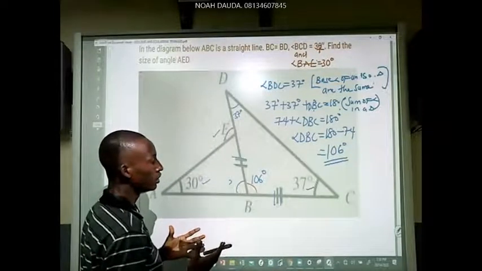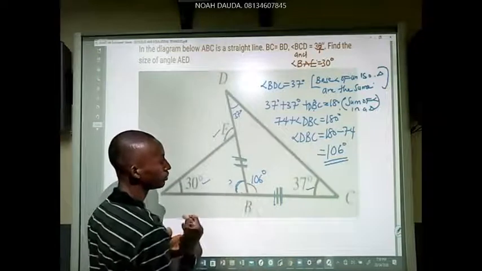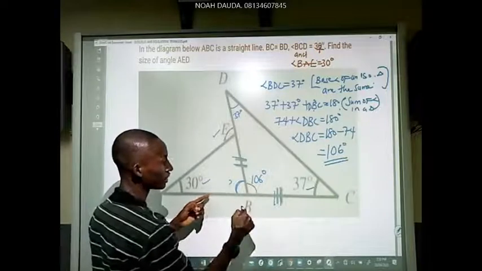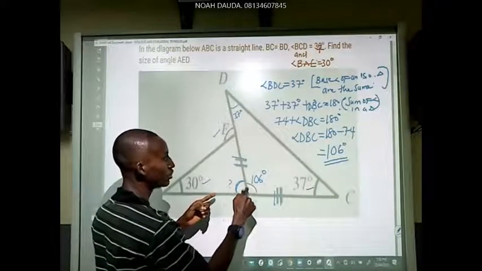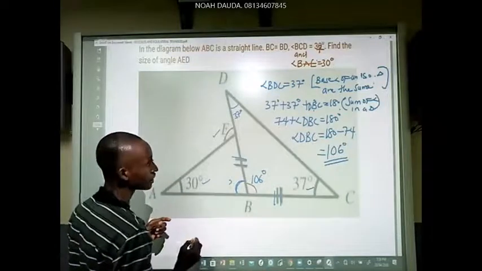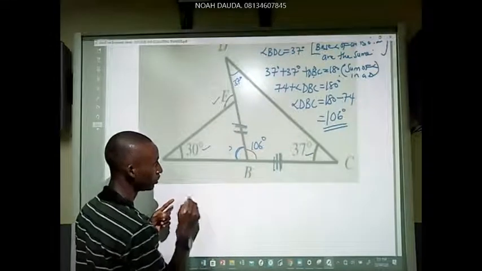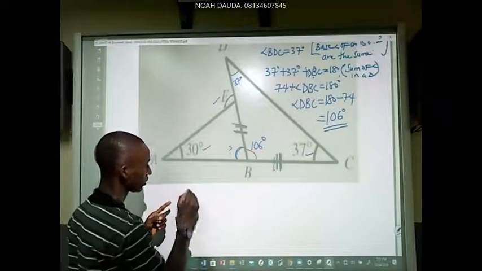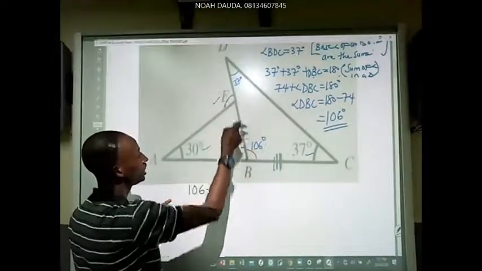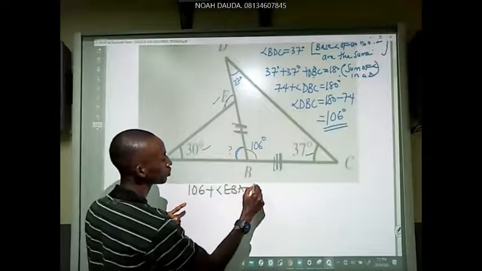So beautiful. The next thing I need to do is to determine this exterior angle. 106 and this angle are on a straight line. So in a nutshell, I can easily write this as angle 106 plus angle, let me call it EBA, angle EBA is equal to 180 degrees.